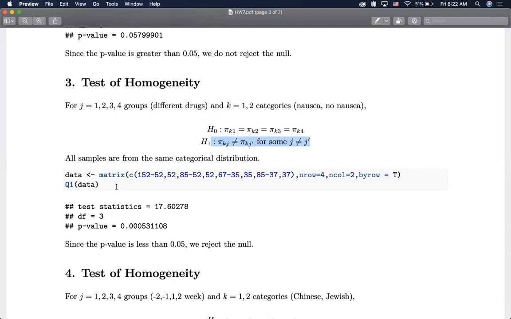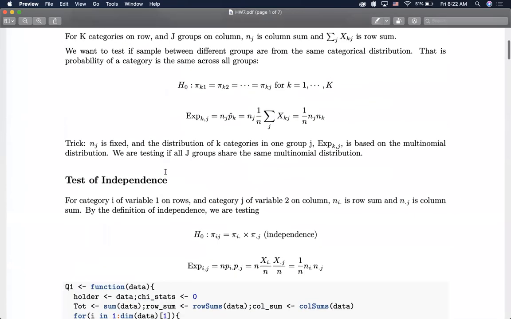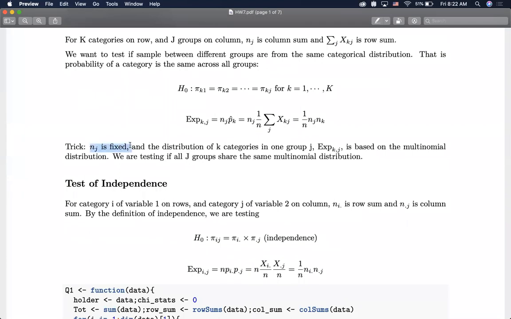Input the data. Note that the first column is actually the total number of the entire column in that row. So that also is an indicator that nj is fixed. If you observe that table carefully, you will notice that the first column is the total number of patients.